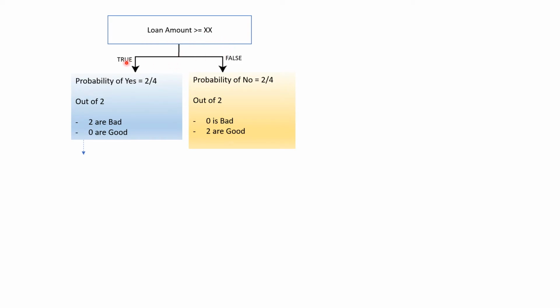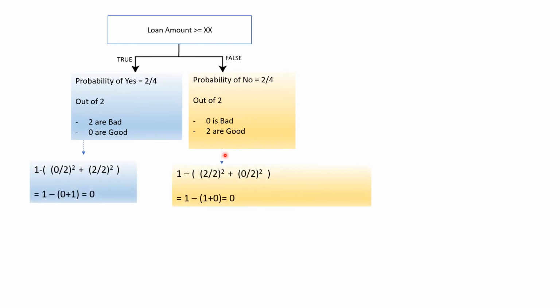With this condition, out of the 4 records, 2 records come on the left hand side for true, and out of these two, all the records are bad. Here on false, we have 2 records out of 4 which satisfy this condition and come on the right hand side, and out of these 2 records all are good. So these two are pure nodes.